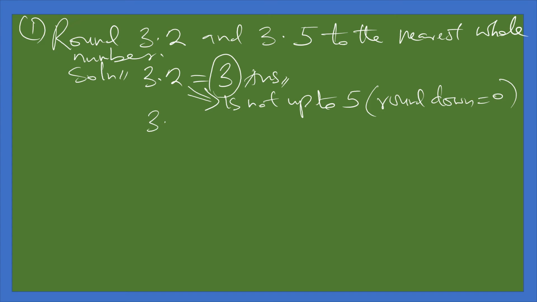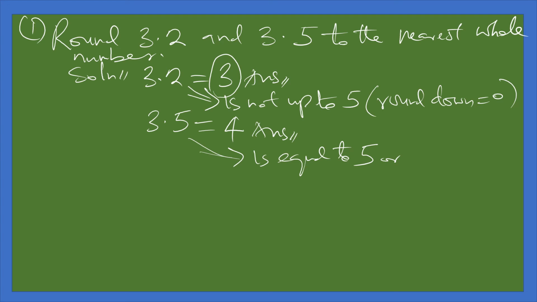Now, 3.5 is going to be equal to 4 to the nearest whole number. Why? Because this figure here, 5, is equal to 5, or it may be greater than 5.